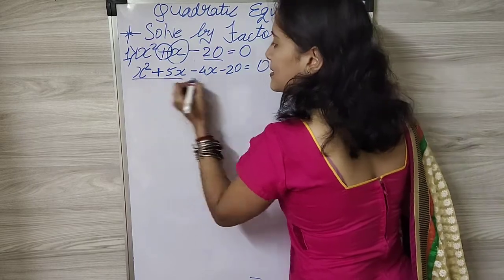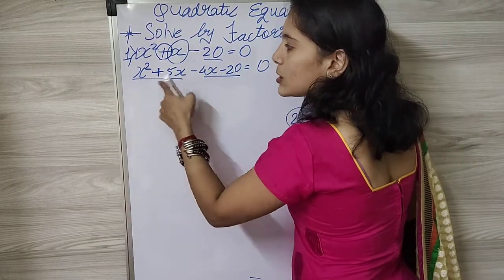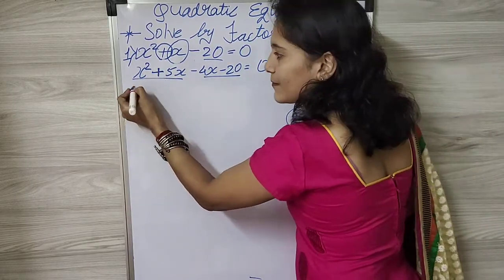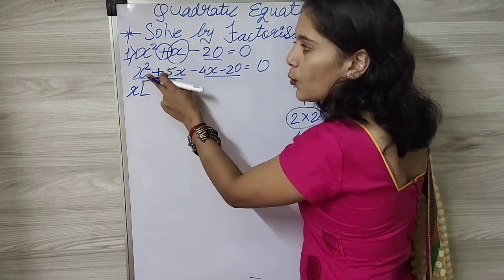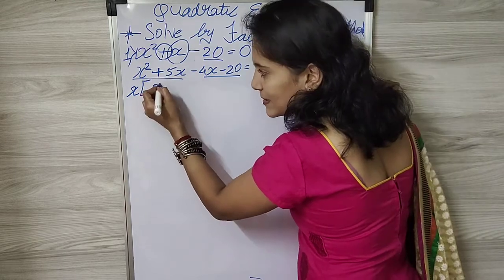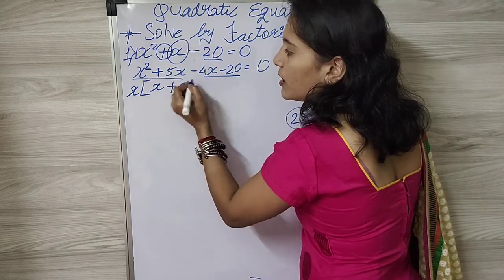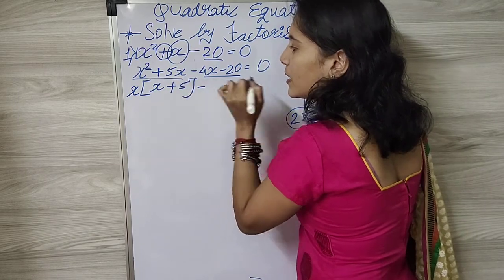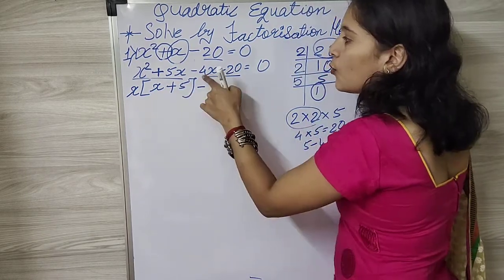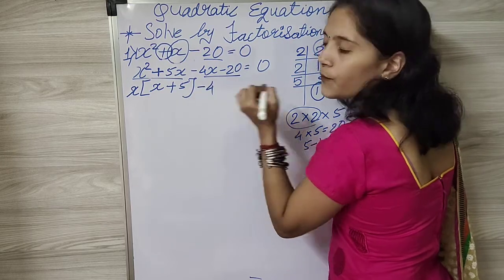Now factorization of these two pairs. What is common between these two? x, right? So I have taken x outside the bracket. Now what is remaining here? x plus 5, because x has come out. So this bracket is over. Now another bracket. What is common here? 4.